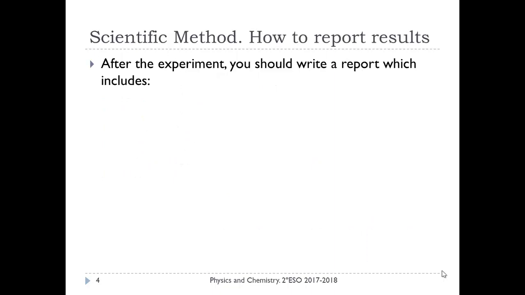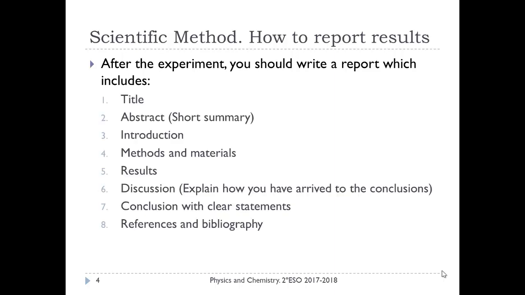So how to report the results? When you finish the experiment, you have to report the results in a specific way. You have to first include the title, then an abstract, which is going to be like a short summary, an introduction, where you're going to explain the purpose of the experiment, etc. Methods and materials, for example, if you use lab equipment, chemical compounds, etc. Then you have to include your results, what has been the result after the experiment.